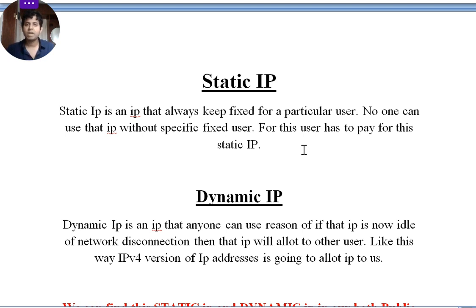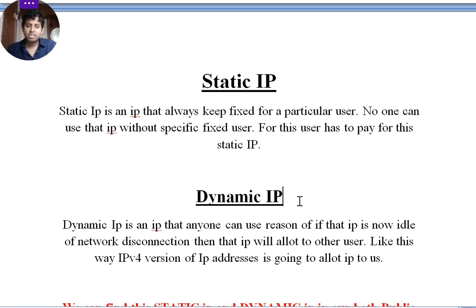I never give my own IP address on my mobile. When I buy this, I just buy an internet pack from an ISP service provider, and they give me the opportunity to access Facebook, YouTube, and Netflix. So what type of IP address am I using now? The answer is I'm using dynamic IP, not static IP.